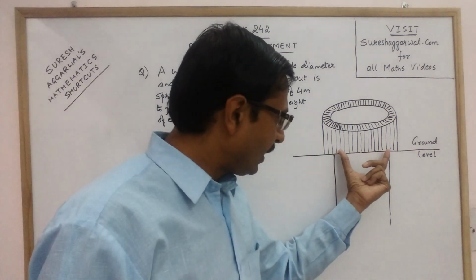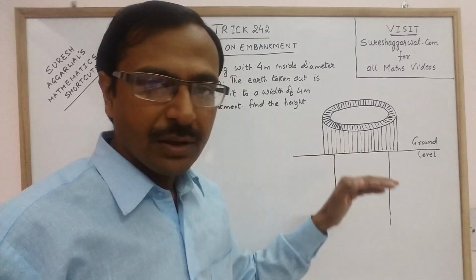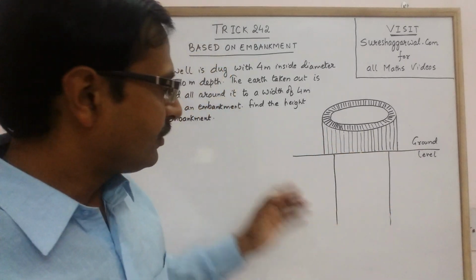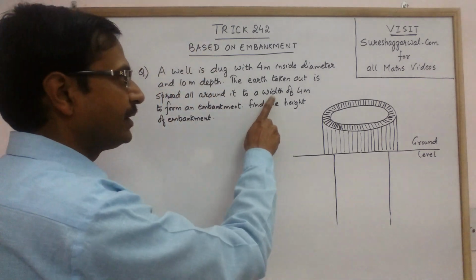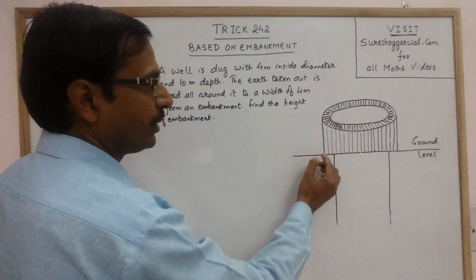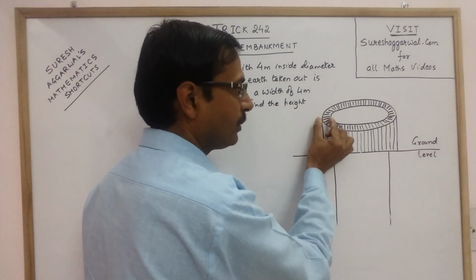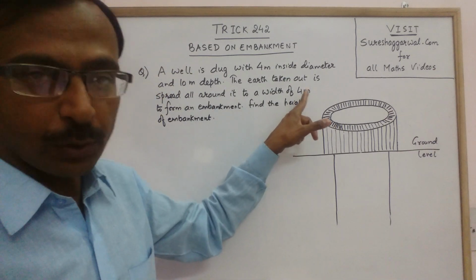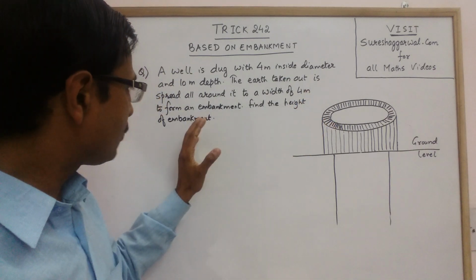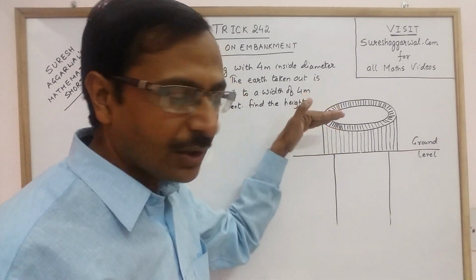So this well is being surrounded by mud which is taken out from the well, and the width of this embankment, that is the solid portion which is being shaded here, is 4 meters. We need to find out the height of the embankment above the ground.